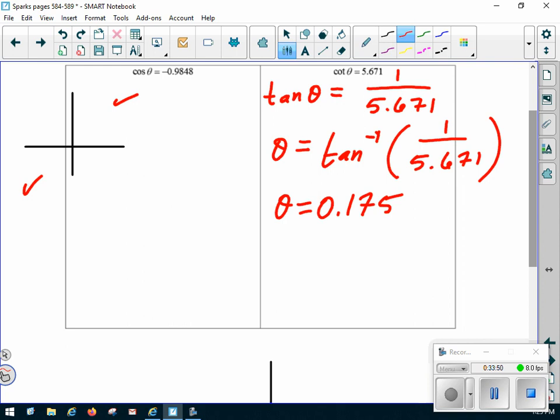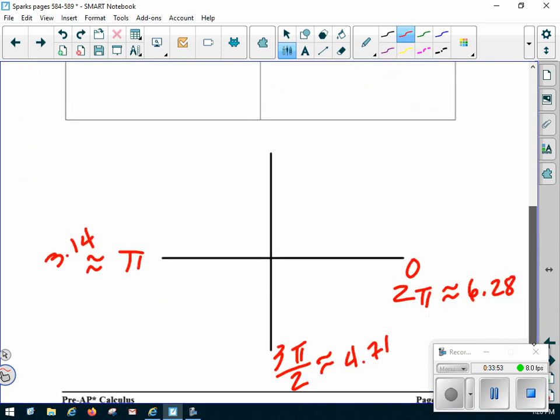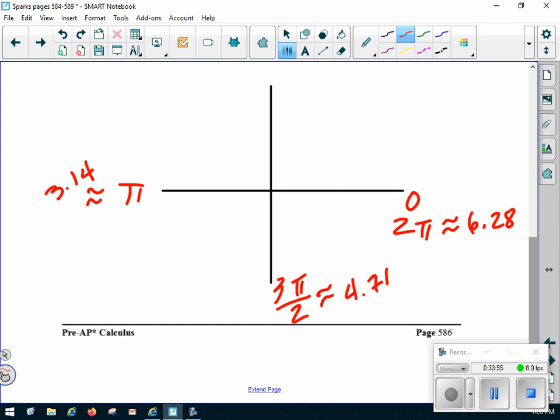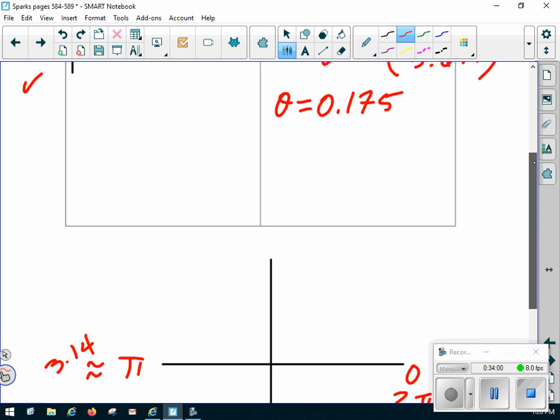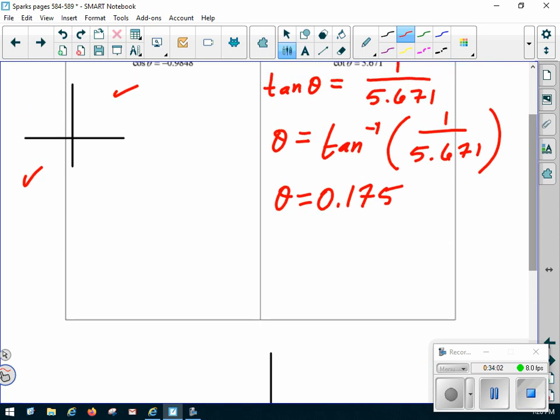What quadrant is that in? 0.175. That's in quadrant 1 because it's less than pi over 2 or 1.57. Is that a quadrant that I wanted? So that's one of my answers. How do I find the angle in quadrant 3? What's my reference angle? 0.175, that's right.